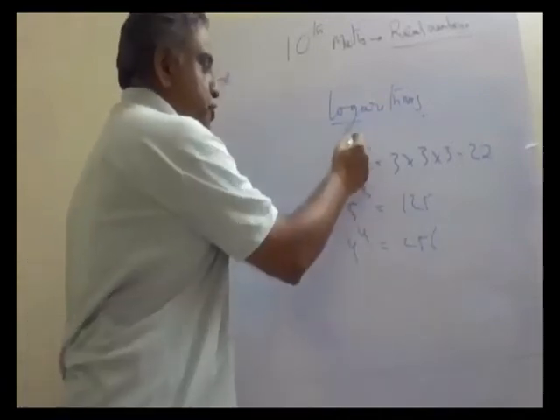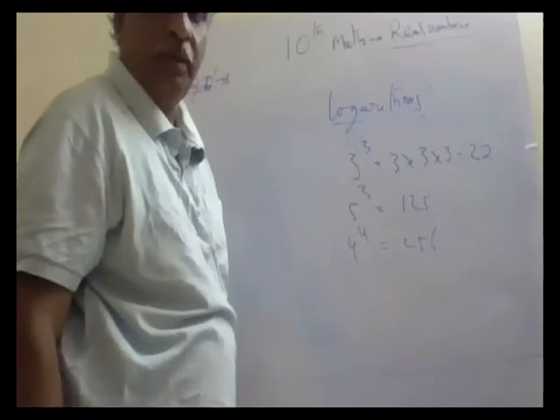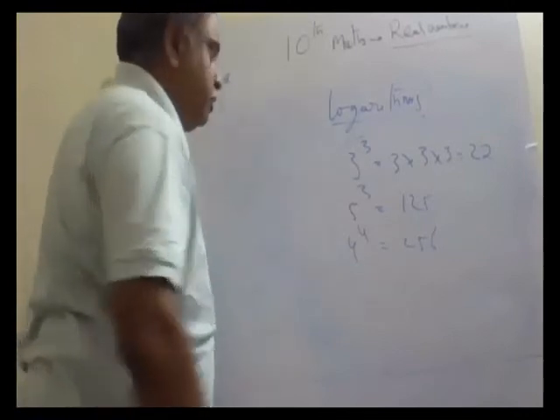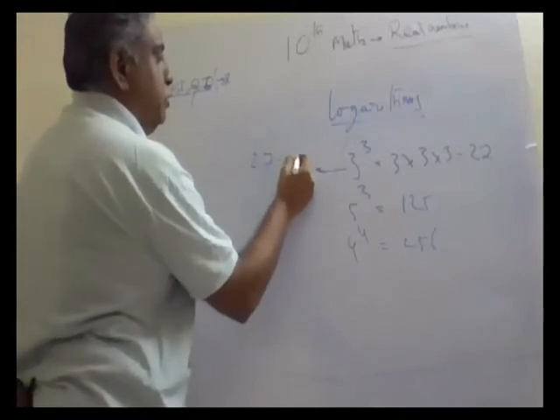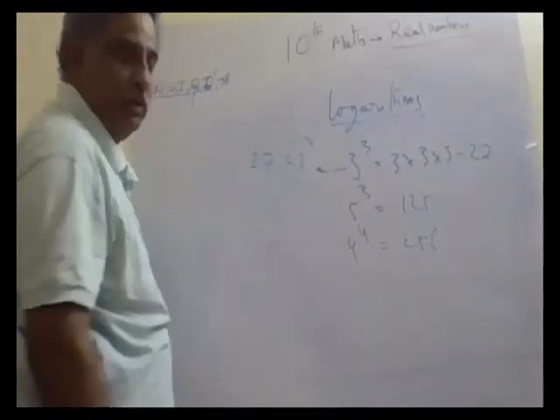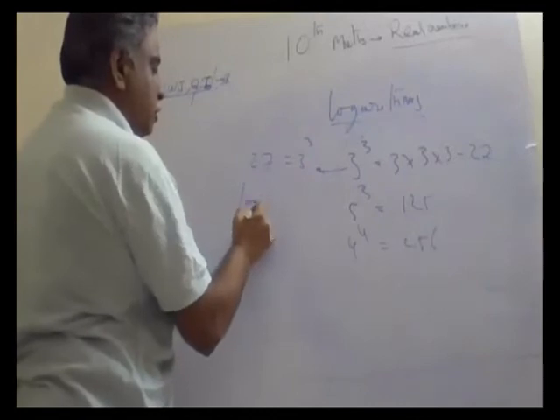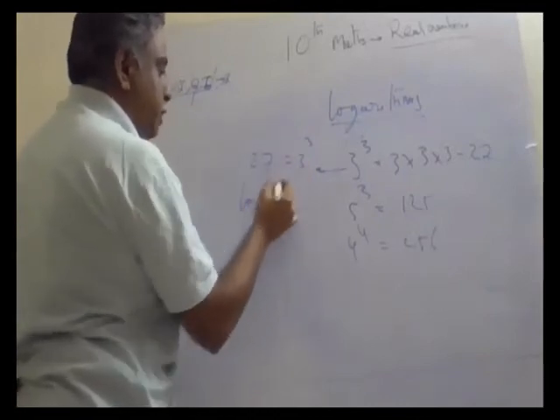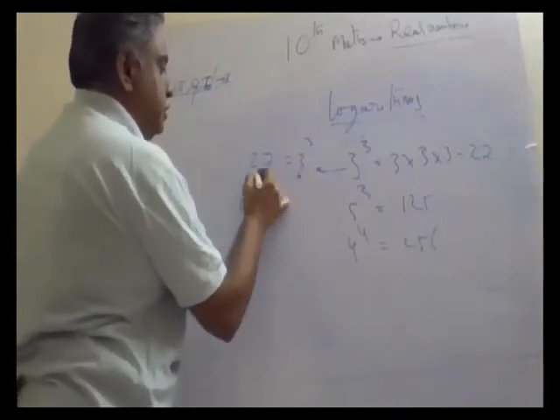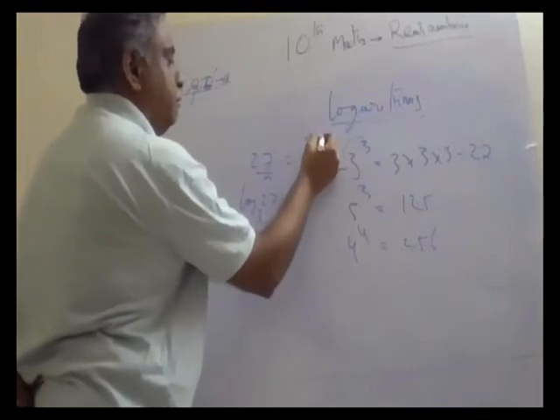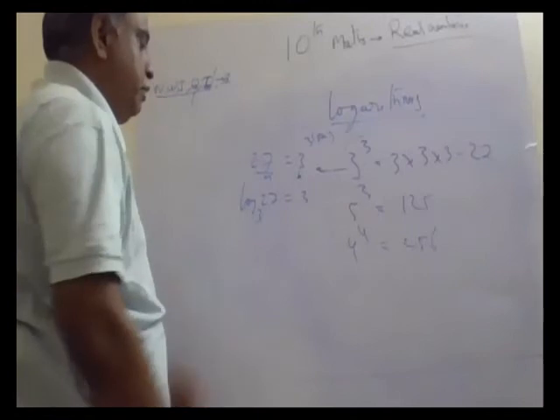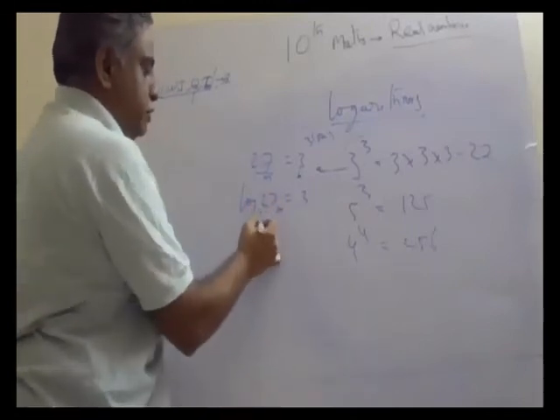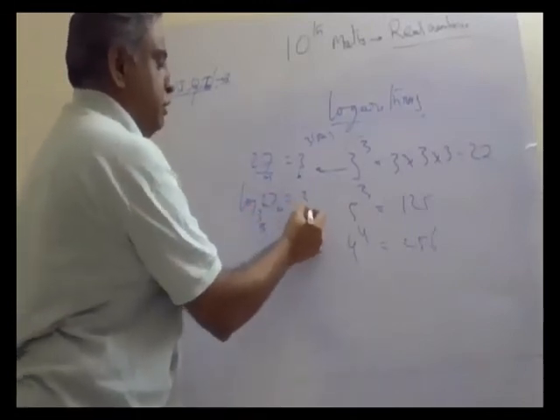All exponential forms we can write in terms of logarithms. How is logarithm defined? For this, 27 is equal to 3 cube. When we convert it to logarithms, log of 27 to base 3 is equal to 3. This is the base, this is the main number, this is the power.